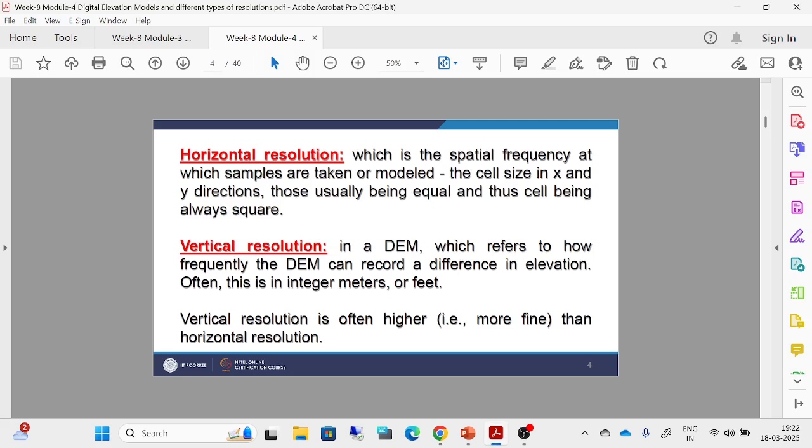Vertical resolution is often higher than the horizontal resolution, because there we are taking into account more details, not just how things are distributed horizontally, but also how high or how low a particular region is.